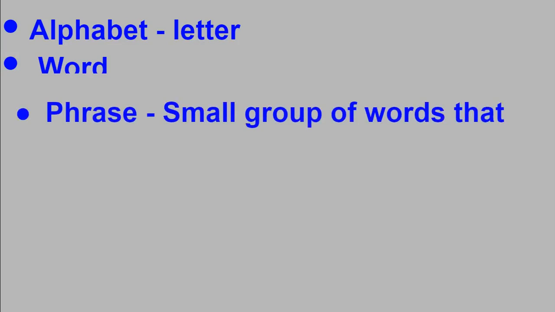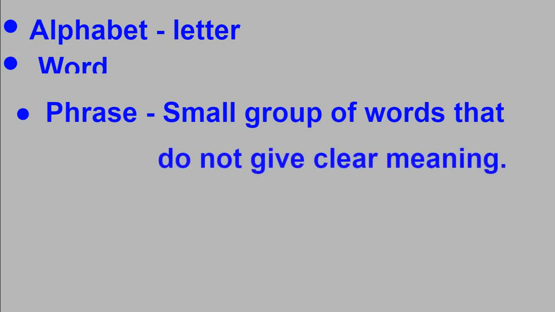So what comes after word is a small group of words, or a pair of words, which is called a phrase. We studied in the previous lesson that small groups of words that do not give clear meaning are phrases, and that phrases are present in a sentence. They do not give complete meaning.